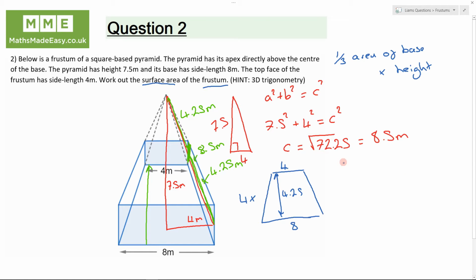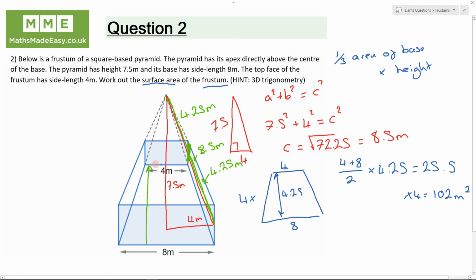So it would be 4 plus 8 over 2 times 4.25. This comes out to be 25.5. Now timesing this by 4 gives us an answer of 102, and this would be meters squared.